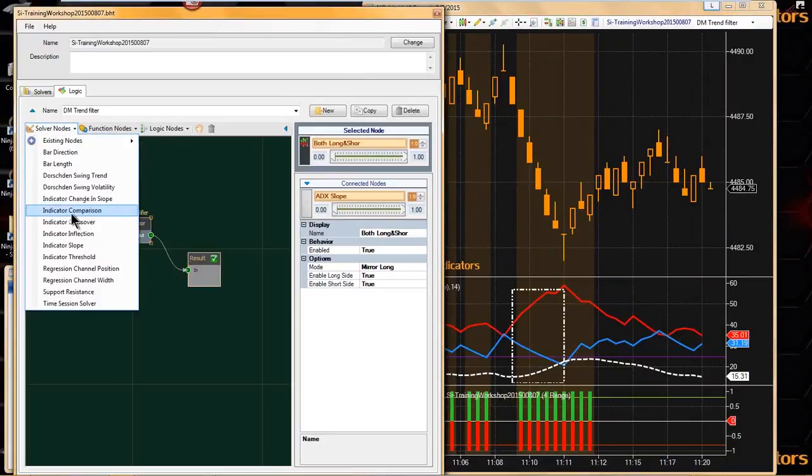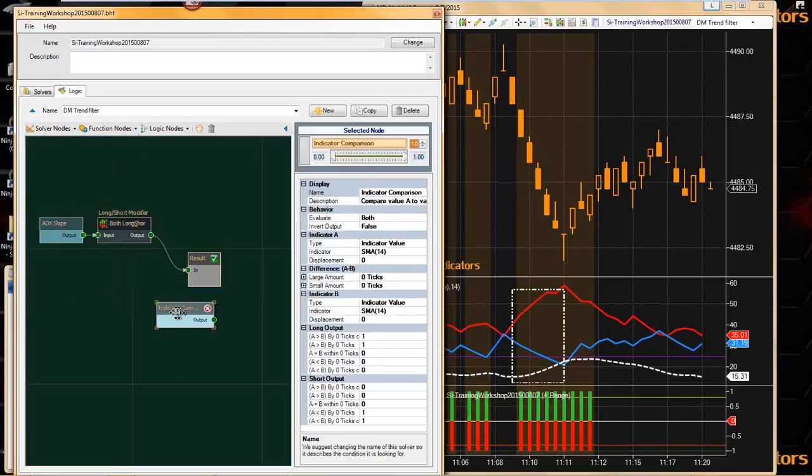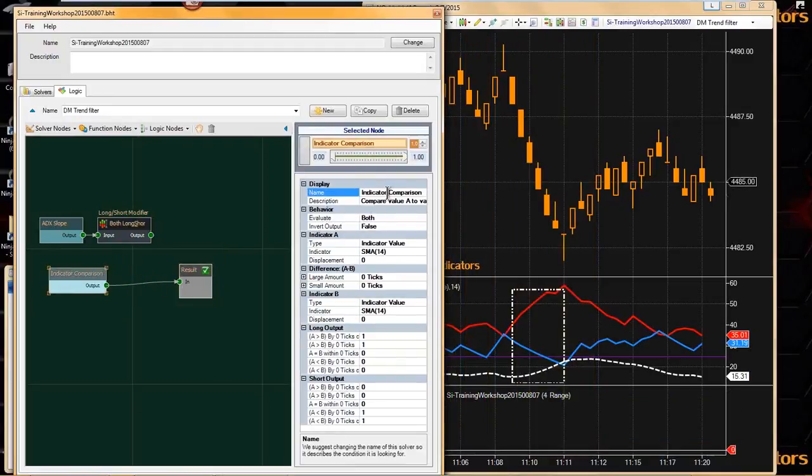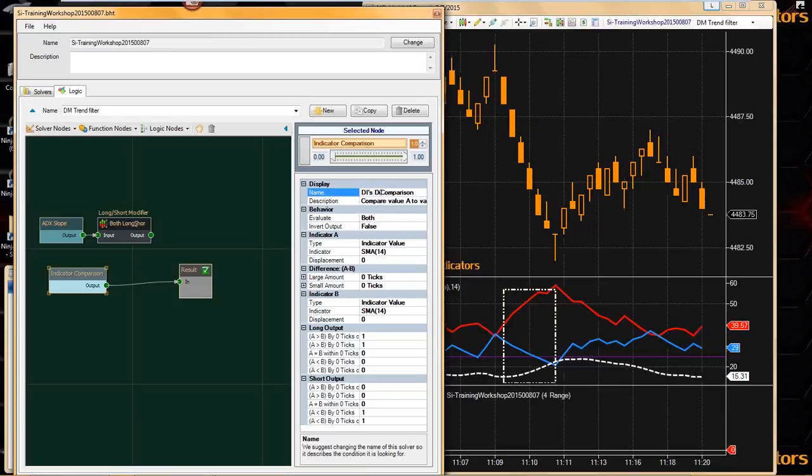We're going to use a comparison solver and compare the DIs to each other. We can call this something like the DI's direction. I like to try and keep the name short, but sometimes it just doesn't look right.